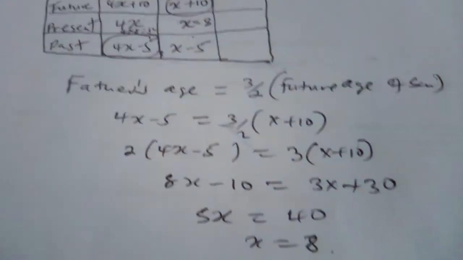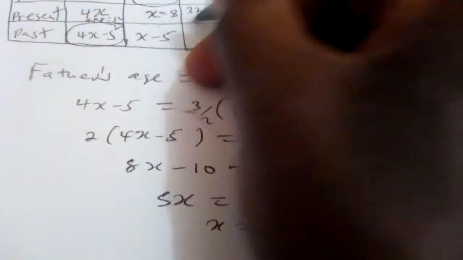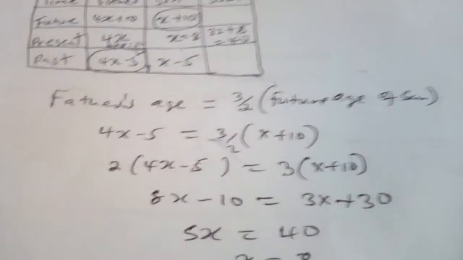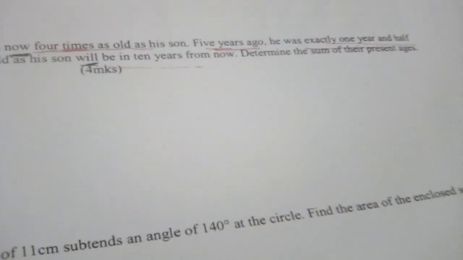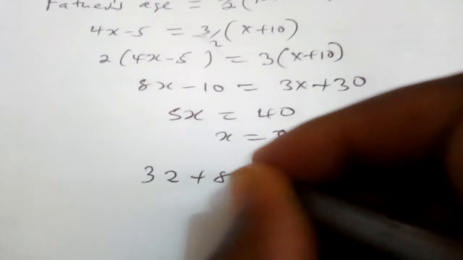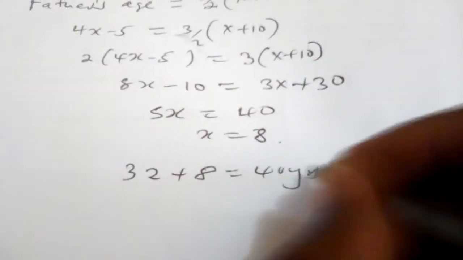So the sum of the ages will be 32 plus 8, which gives us 40. Alright, what does the question say? The question says, determine the sum of their present ages, which is 32 plus 8, and we get 40 years. We are done.